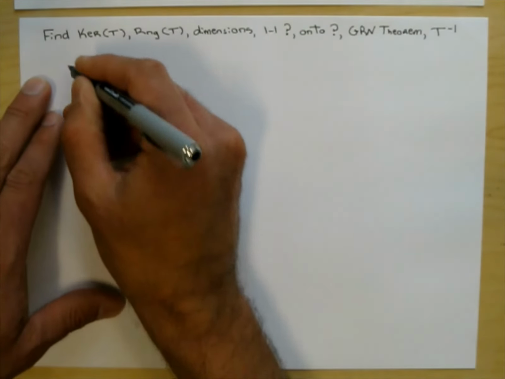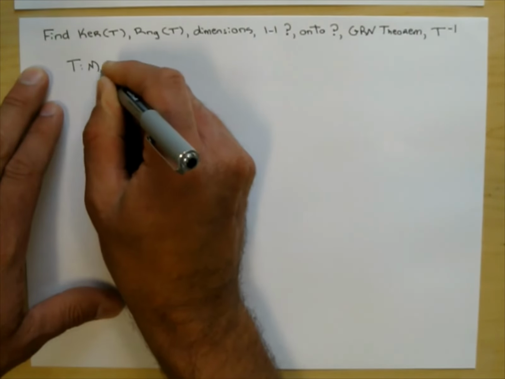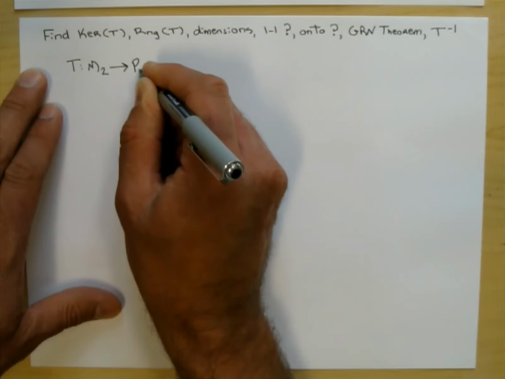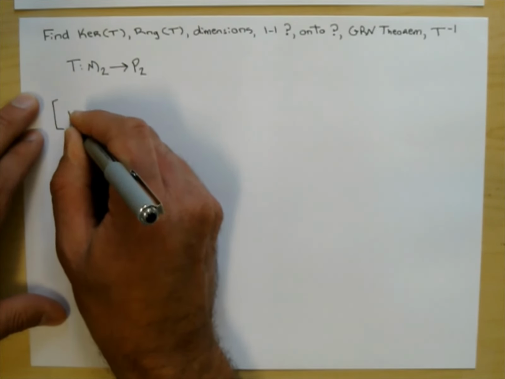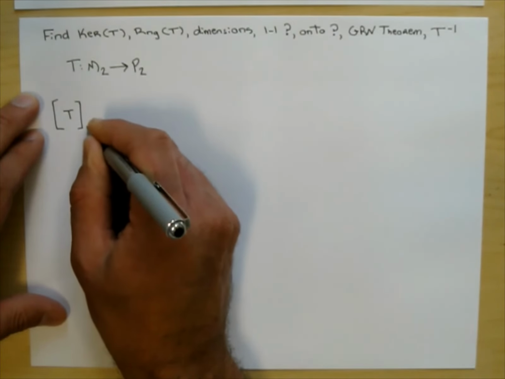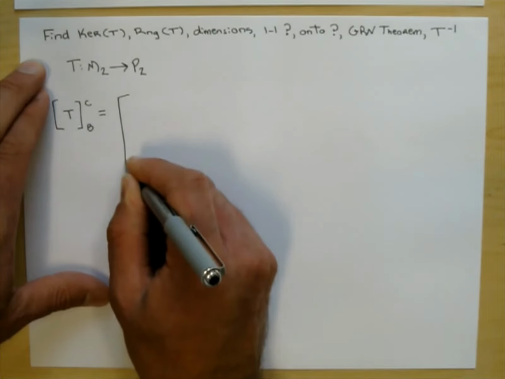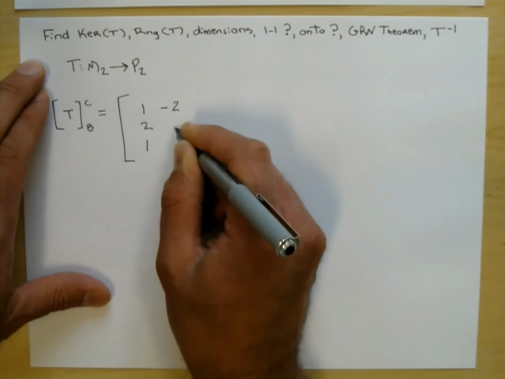So remember that our transformation is going from M2, and I'll abbreviate without the R, to P2. This matrix is the one that we just found, that looks like this: 1, 2, 1, negative 2, 0.